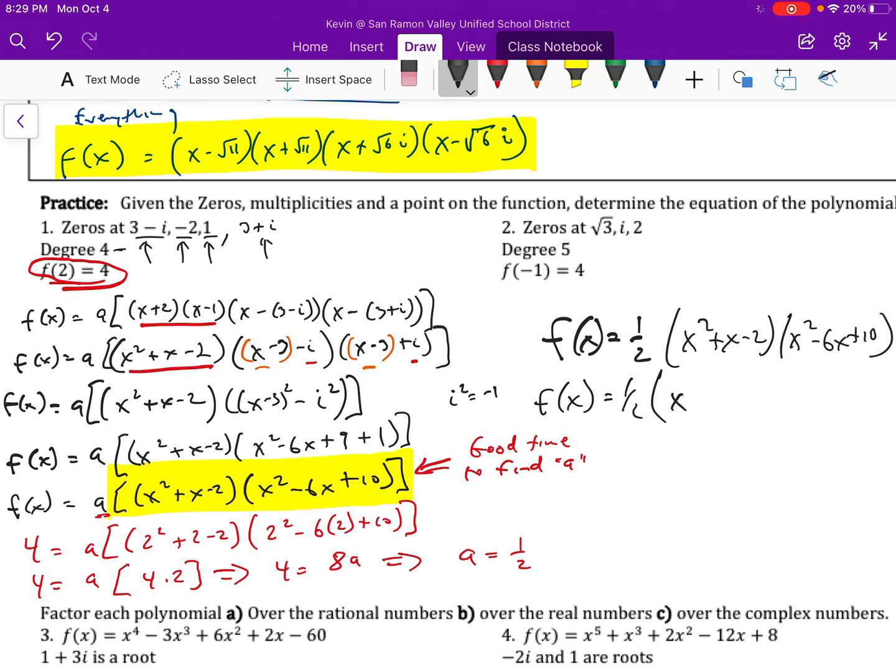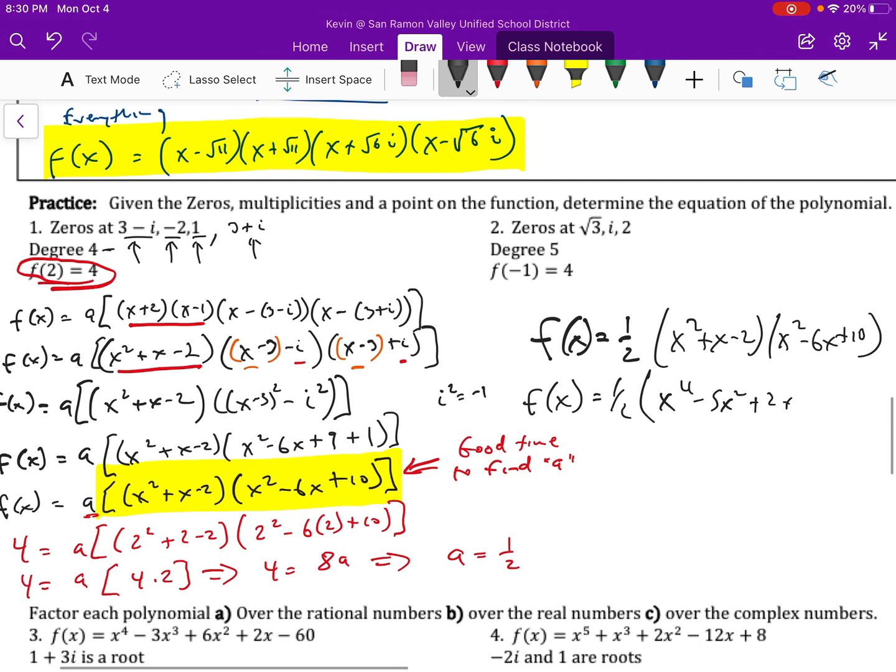I wish I knew how to edit this so that I didn't have to write all of this out, but actually have it right here. Good. x to the 4th minus 5x squared plus 2x. Oh, I'm sorry, this is cubed.